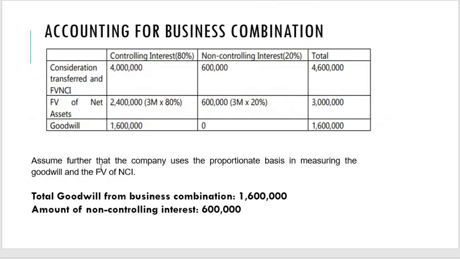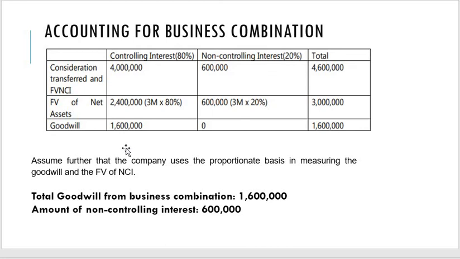Assume further that the company uses proportionate basis in measuring goodwill and the fair value of the non-controlling interest. So there are two methods, either full or partial. With full, since the fair value for NCI is not given, we assumed a fair value.